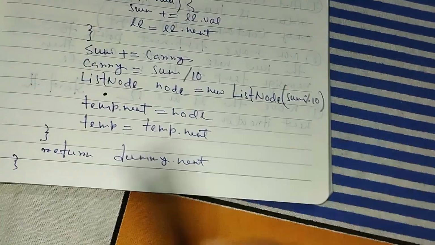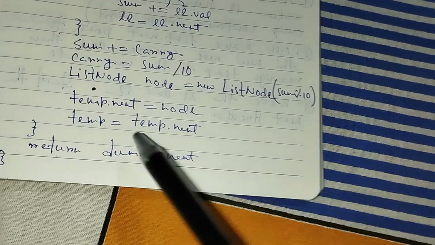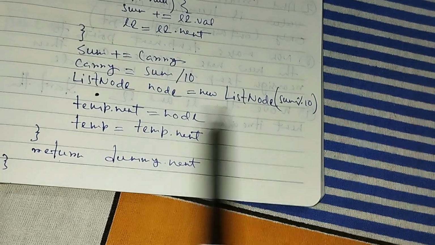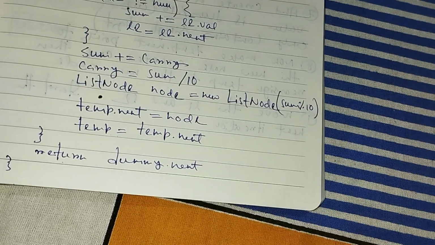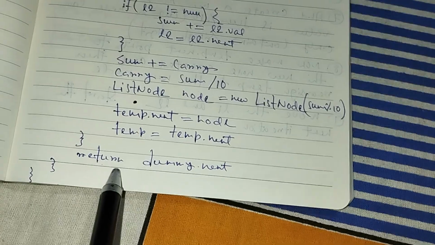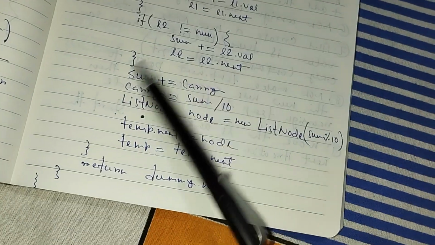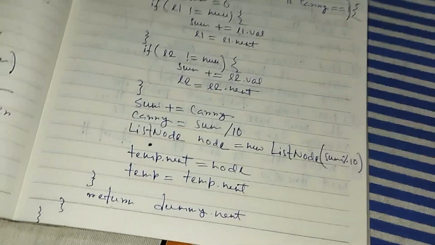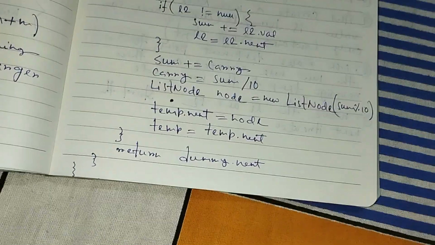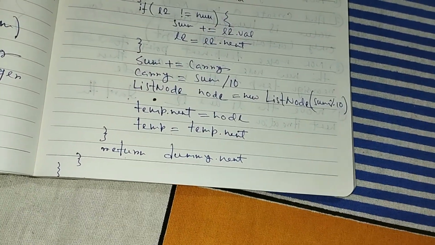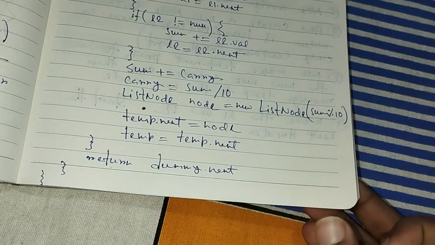Sum modulo 10 will be our new node value, and temp.next will point to the new node we created here, and now temp moves one step ahead and points to the new node. That's it. In the end, after the while loop finishes running, we return dummy.next, which points to our new head. So that's it.